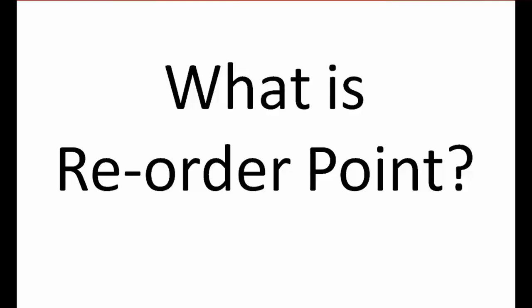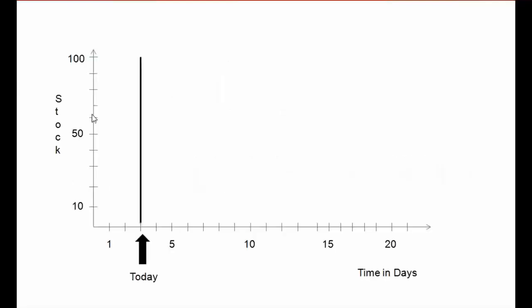Just imagine that you're building a new house, and every day you need, say, 20 bags of cement, which is a consumption on a day-to-day basis. Suppose here you can see in the graph, you can see stock.